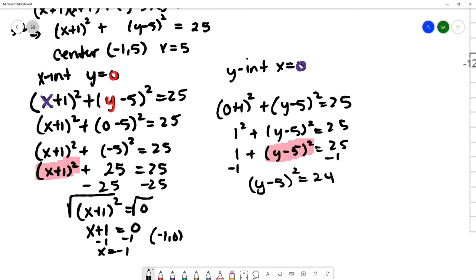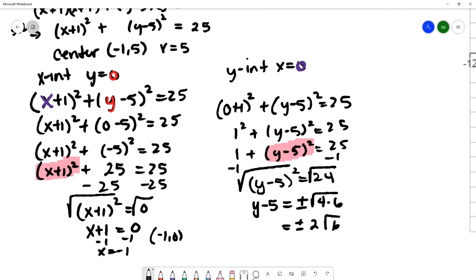I'm going to get rid of that square by square rooting both sides. And that leaves me with y minus 5 equals plus and minus square root of 24. And I'll try to simplify that radical. We can write 24 as 4 times 6. And the square root of 4 is 2.